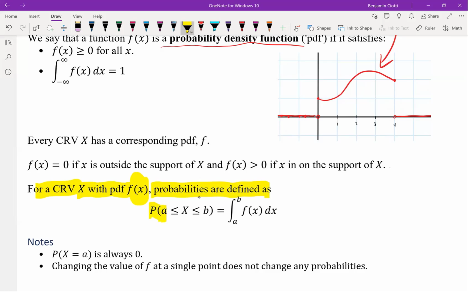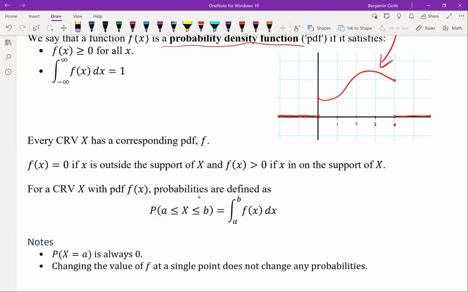The probability that capital X is between A and B is the integral of f of x from A to B. So whereas previously we defined probabilities using sums of discrete values, now we must necessarily describe them with integrals.